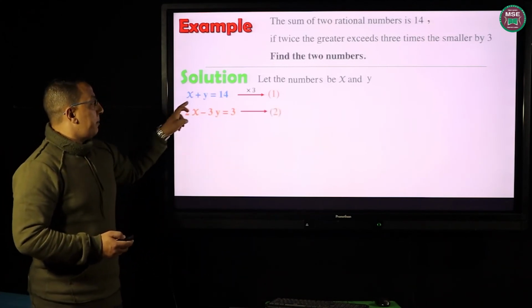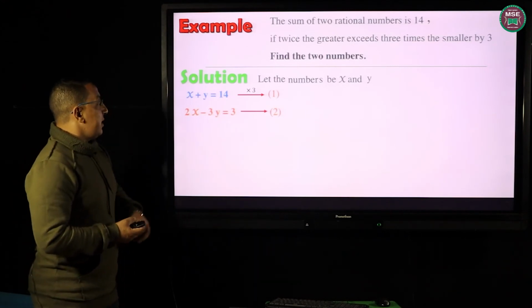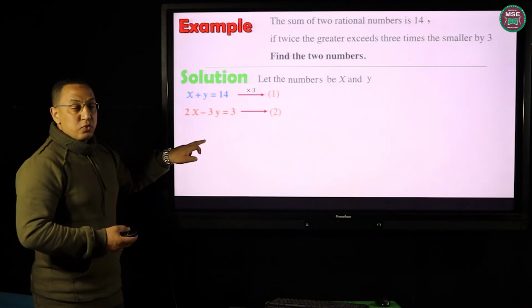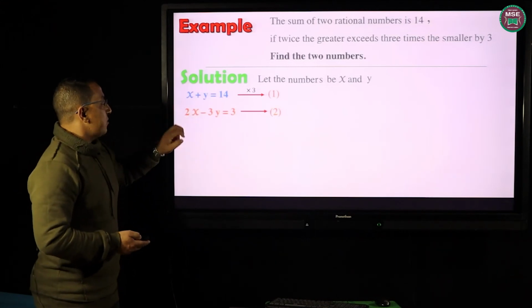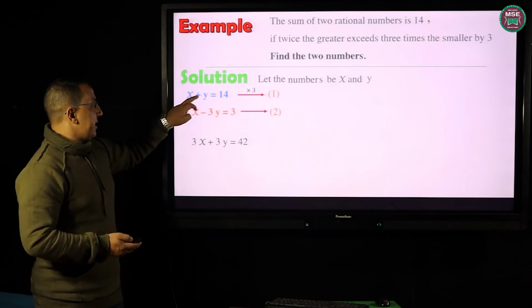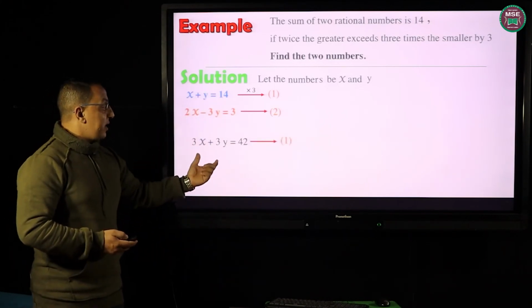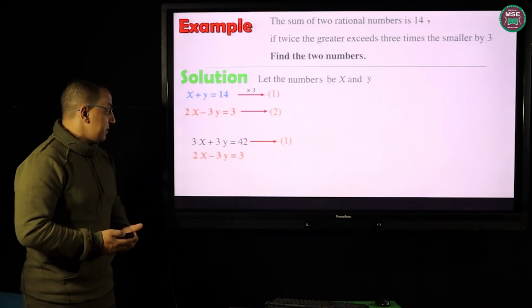Now I'm going to multiply the first equation by 3, to make y multiplicative inverse to each other. So the first equation will be 3x plus 3y equals 42. This is the first equation. The second equation is written without change like this.